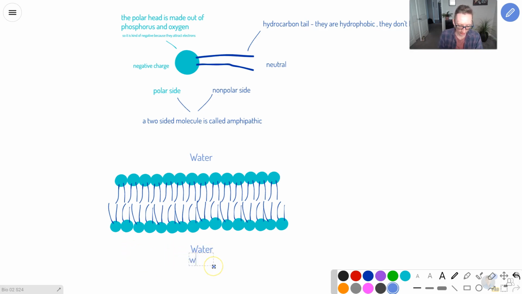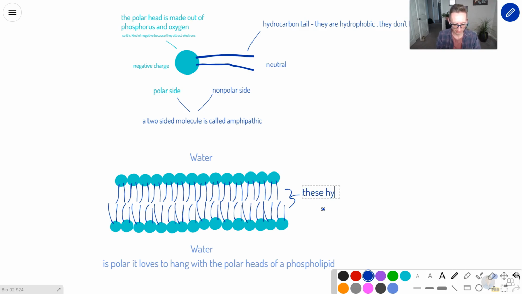Water is polar. It loves to hang with the polar heads of a phospholipid. And inside here, crammed in this little phospholipid sandwich, these hydrophobic tails love to hang out with each other and exclude water.